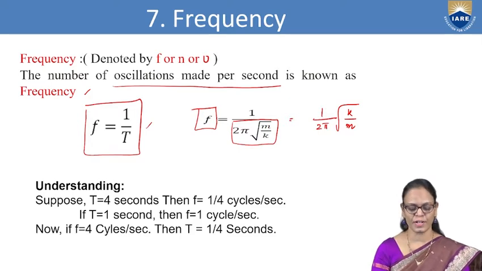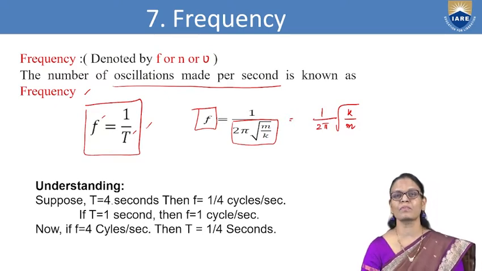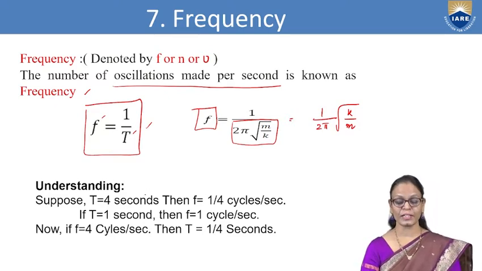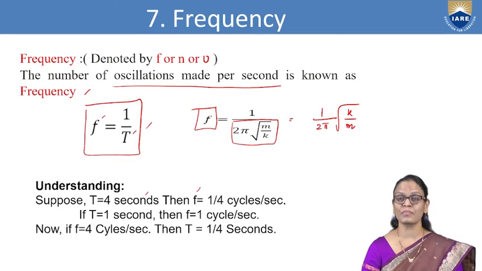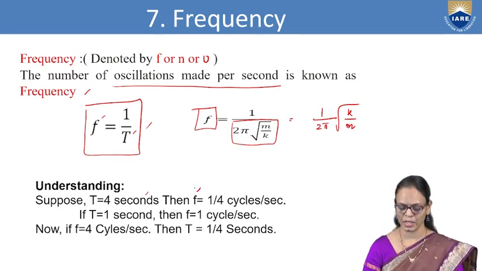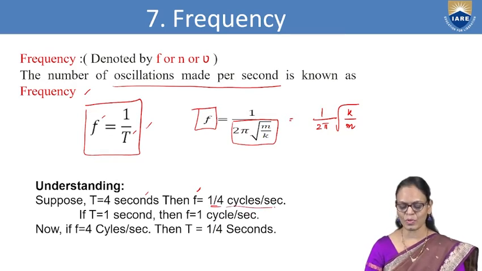Then how are we going to understand this frequency? How does it depend upon the time period? Now suppose t is equal to 4 seconds, means the time it takes to complete one oscillation is 4 seconds. So what is the frequency? The number of oscillations it makes per second is 1 by t, that is 1 by 4. So it completes only 1/4 cycle.